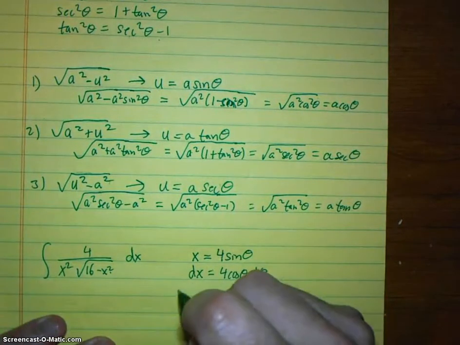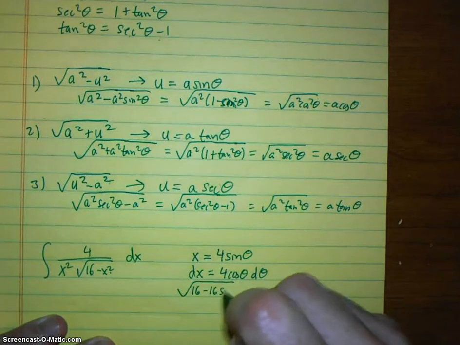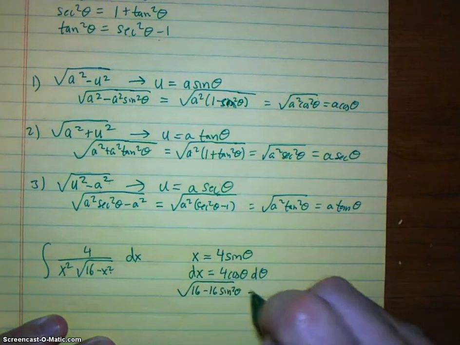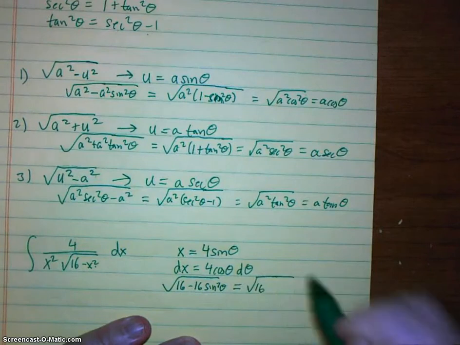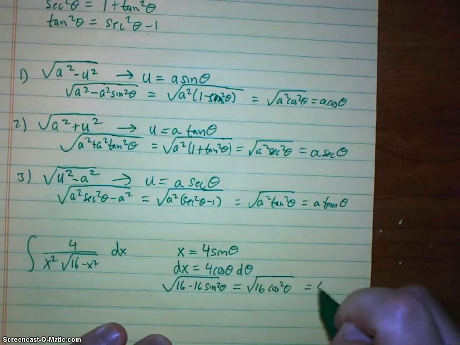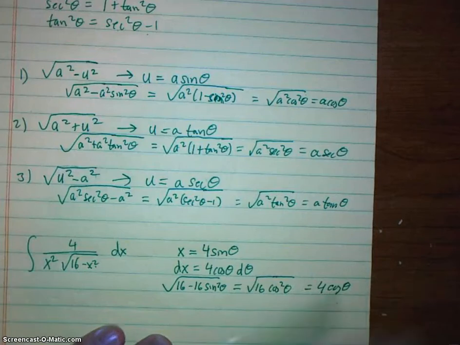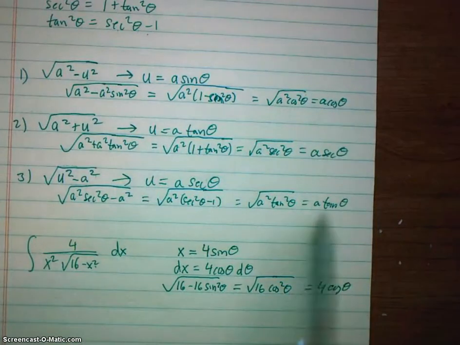I tend to just write down square root of 16 minus 16 sine squared theta, and I factor the 16 out, and I see I have 1 minus sine squared, that's cosine squared, so that's going to be 4 cosine theta. So I tend to write it out that way. Like I say, you can write this on your formula card and know how these are going to come out for each one. Up to you.